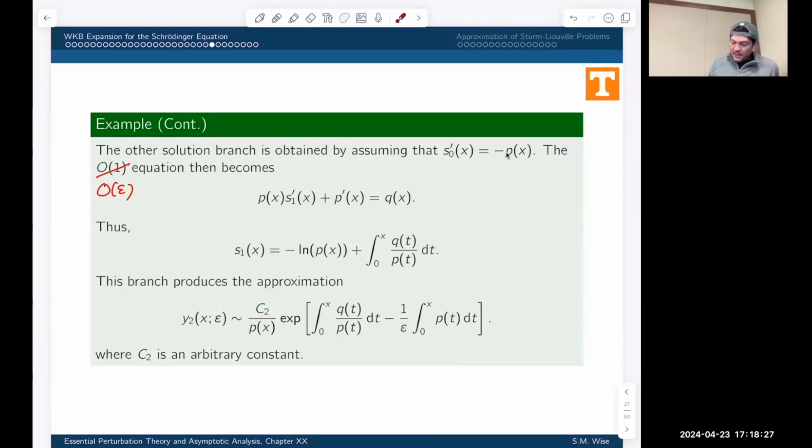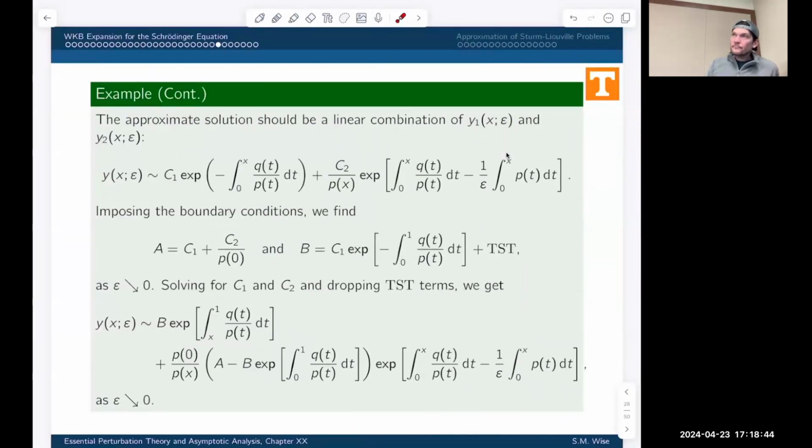So this I'm claiming is going to be all the rest of the terms in the composite solution. So not just the inner solution, but the inner solution minus the constant C1. So we already get rid of the double counting right away.